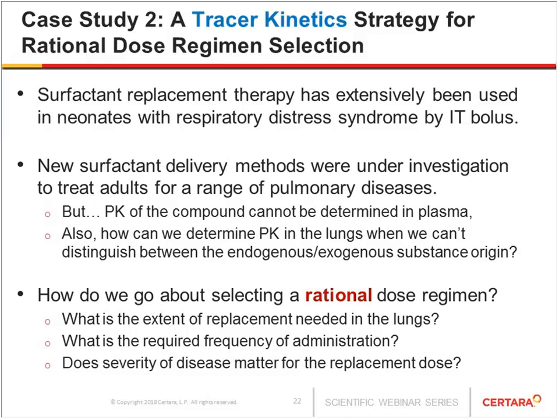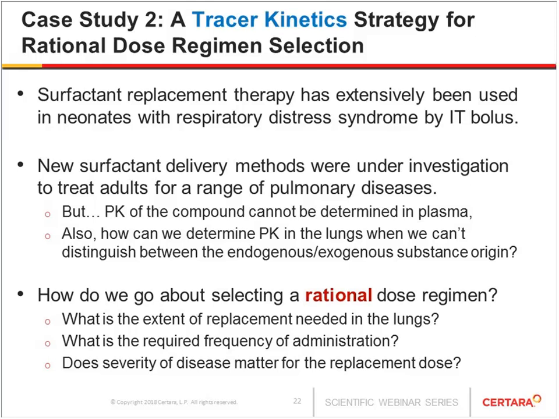Personally, when looking at this project, I could immediately see a number of complexities, especially from a clinical pharmacology perspective. We did not have a way of determining the concentrations of the surfactant in plasma. Therefore, we couldn't obtain plasma pharmacokinetics measurements for this program.